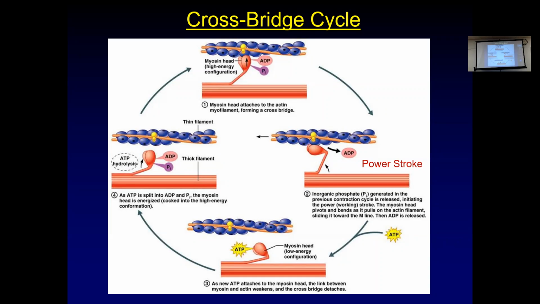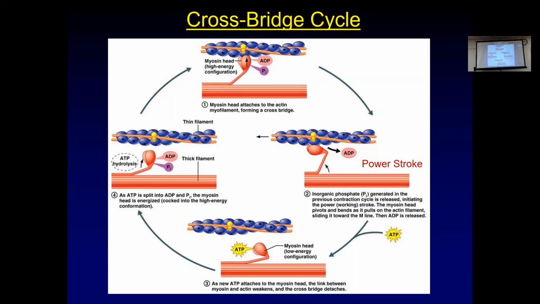This is why running downhill is much easier metabolically than running on level ground or running uphill. I will do some more demonstrations of this in a little bit. But to me, this is the whole key thing.